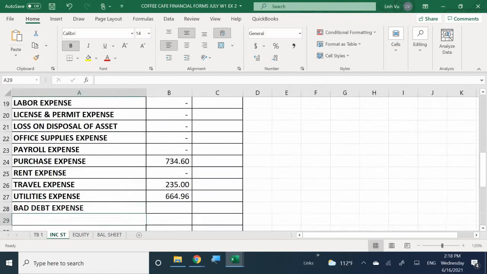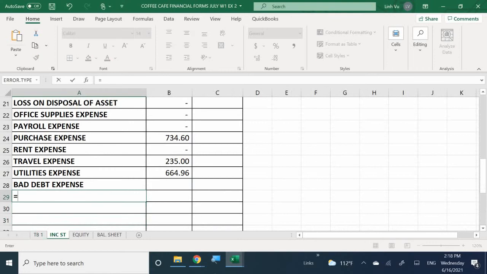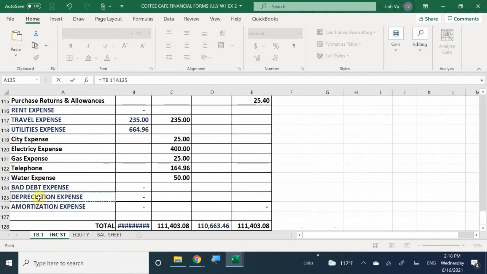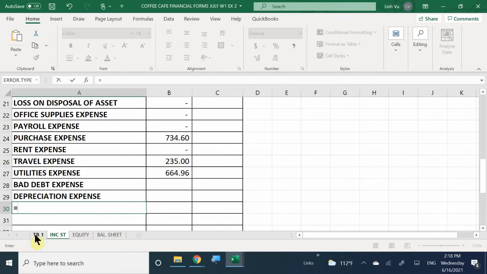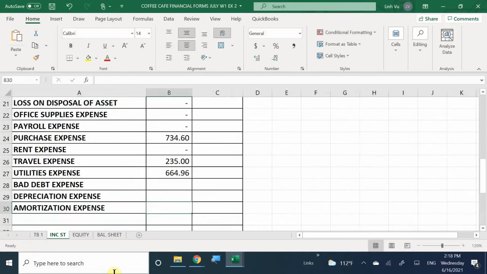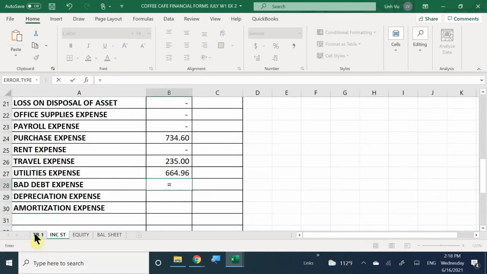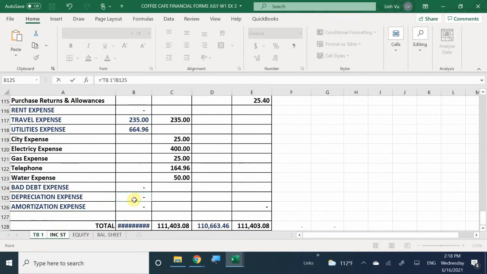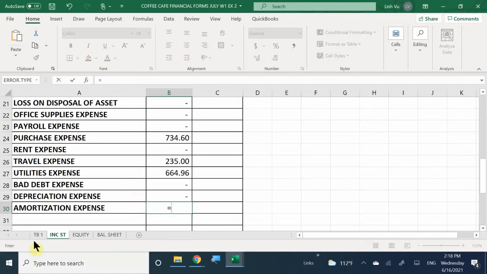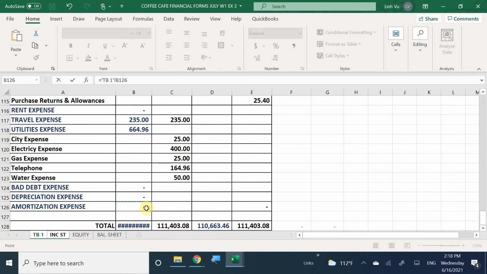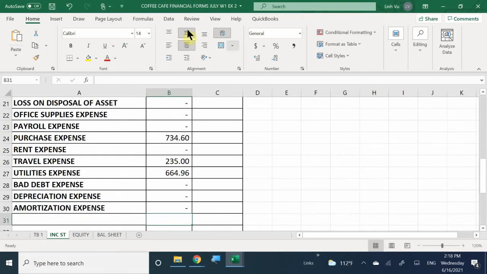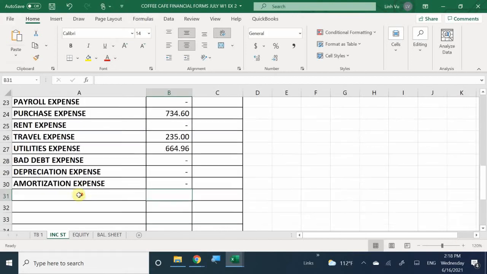Bad debt expenses. How much was bad debt for? 0. Depreciation. And the last one? 0 for amortization. Good. So those are all my operating expenses.